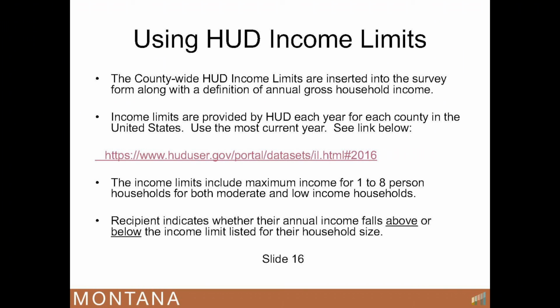The link below in the middle of the slide directs the user to the HUD income limits. The income limits include maximum income for 1 to 8 person households for both moderate and low income households. Recipients simply indicate whether their annual income falls above or below the income limit listed for their household size.